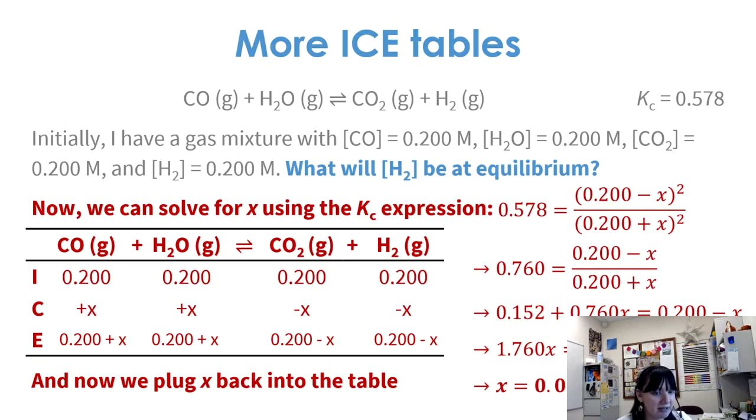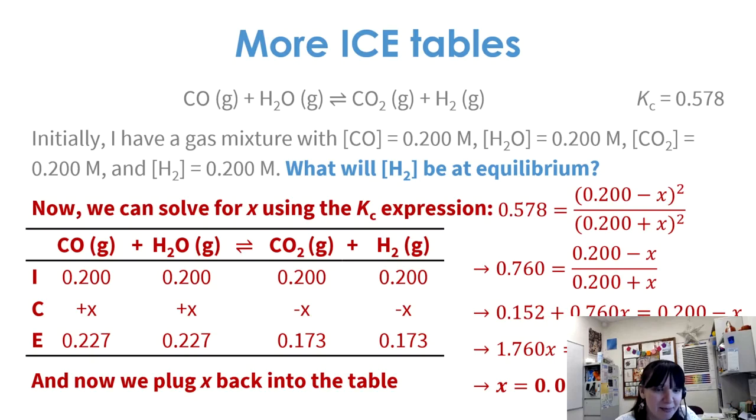So plugging X back in here, we now have for the carbon monoxide and the H2O, not just 0.200, but 0.200 plus this value for X that we found. Or for the CO2 and the H2, we have 0.200 minus this value for X. So putting all of that together, I have 0.227 as the concentration for both CO and H2O, and then 0.173 as the concentration for both CO2 and H2.